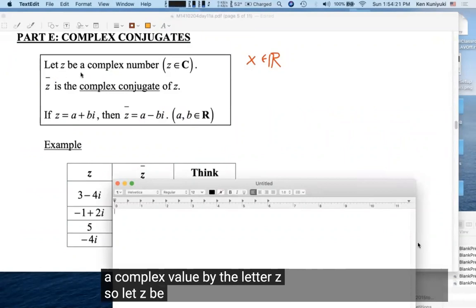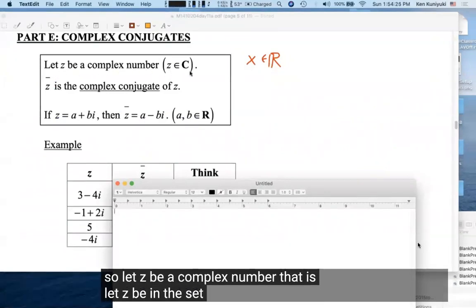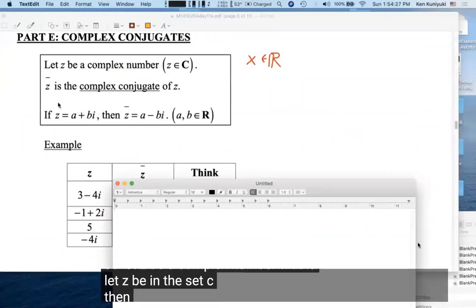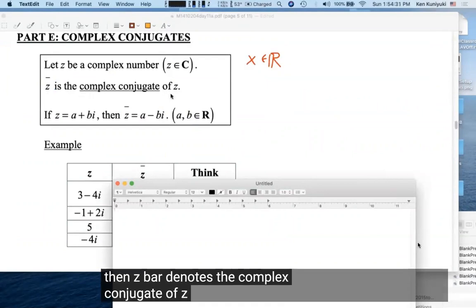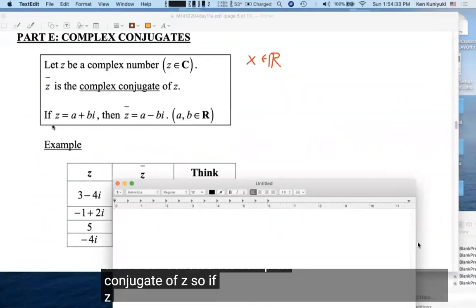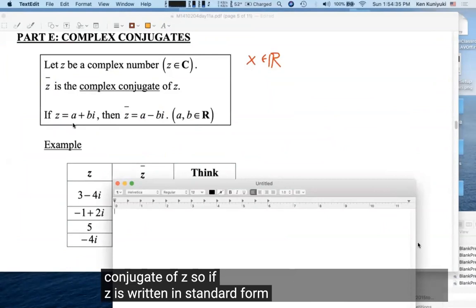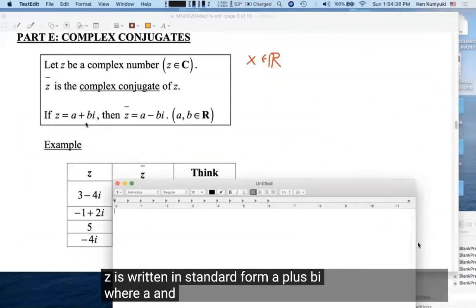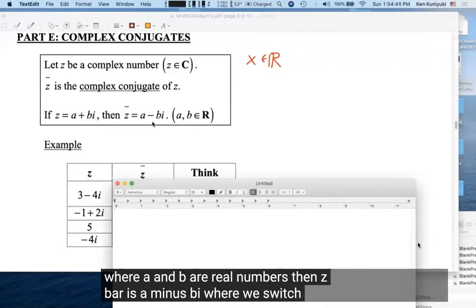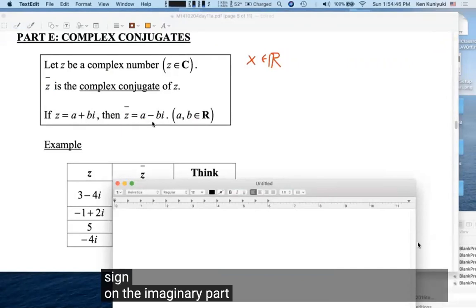So let z be a complex number. That is, let z be in the set C. Then z bar denotes the complex conjugate of z. So if z is written in standard form, a plus bi, where a and b are real numbers, then z bar is a minus bi, where we switch the sign on the imaginary part.